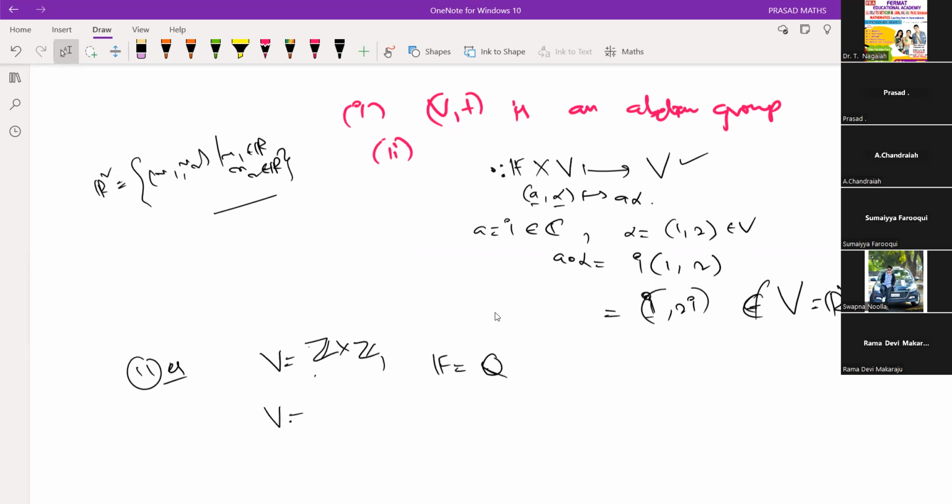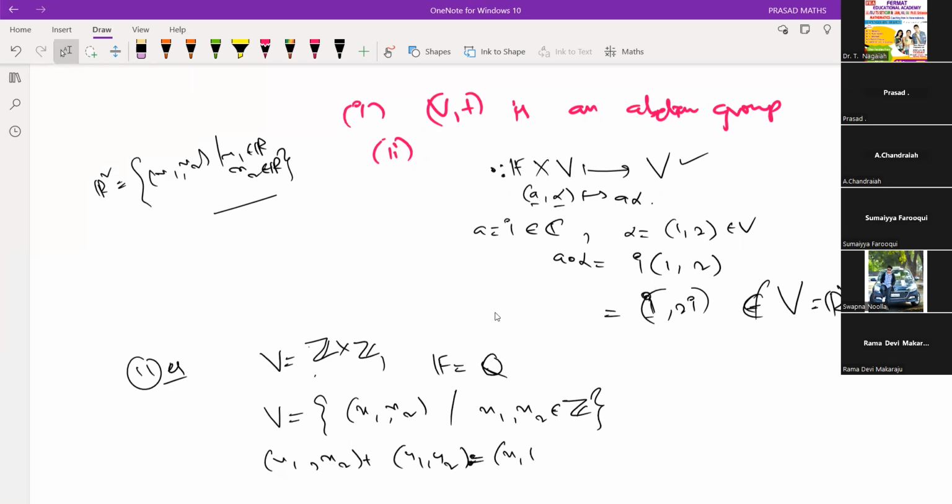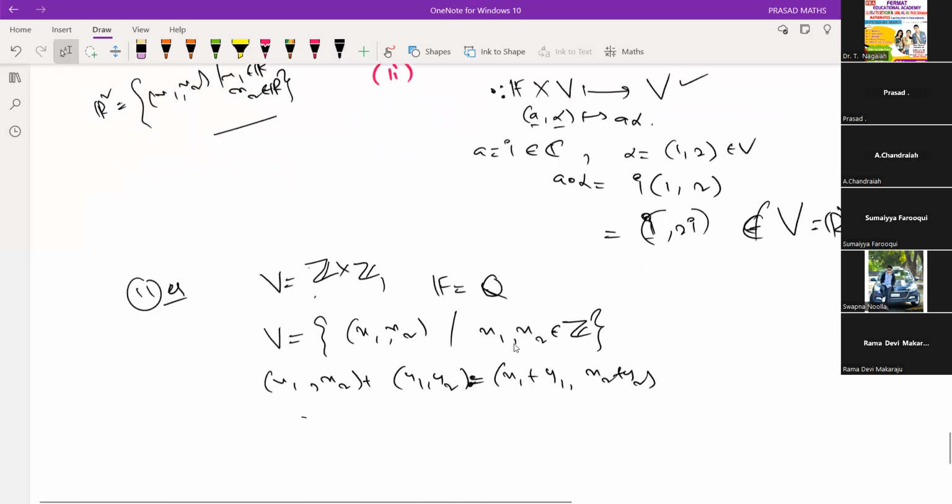My V is the set of all ordered pairs with entries from the integers. What is my vector addition? My vector addition is again component-wise addition. What is my scalar multiplication?